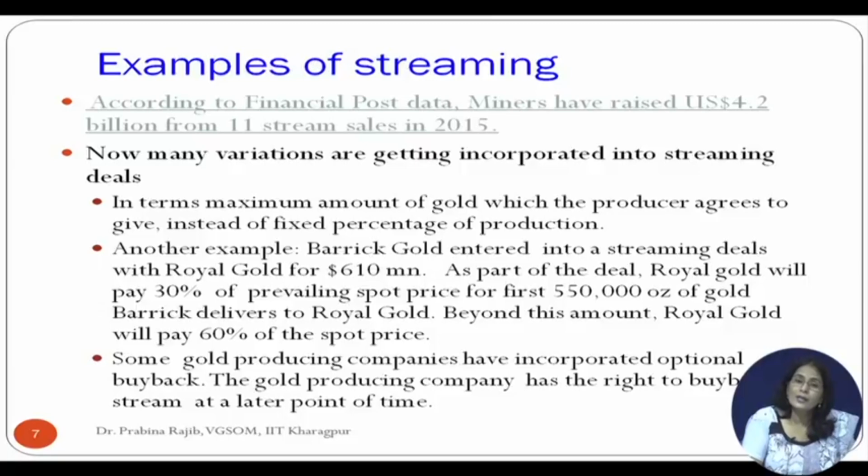So if the spot price increases, Royal Gold is going to pay a higher price to Barrick Gold, and vice versa. Similarly, beyond this 550,000 ounces, Royal Gold will buy gold from Barrick Gold by paying 60% of the spot price.